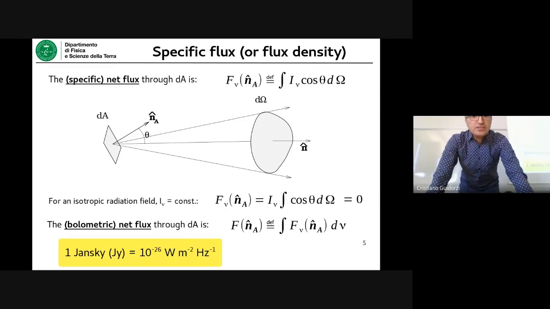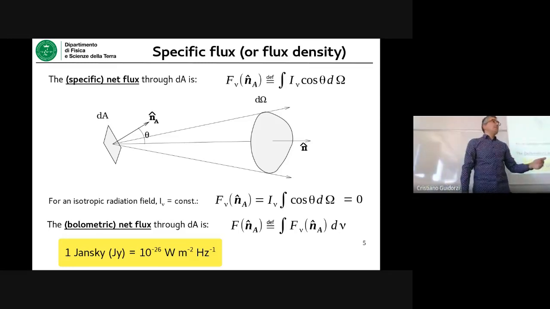So let's consider the units of measure to make sure that this is really flux density as we would expect from the definition. Well, watt is just power, so energy over time, over surface, meter squared, over frequency, hertz^-1.